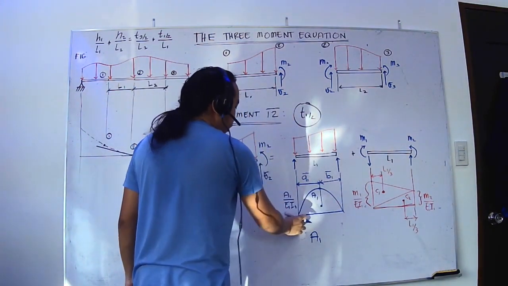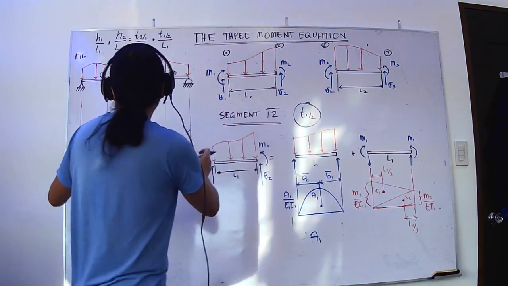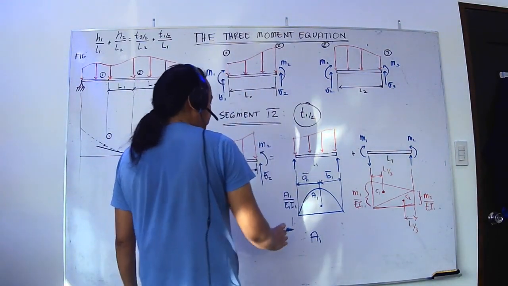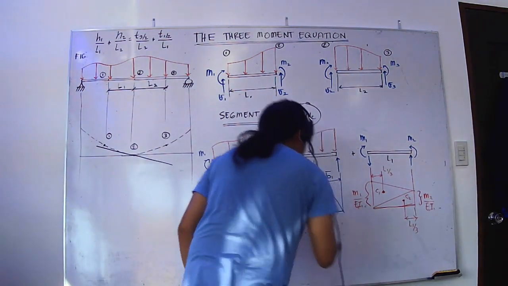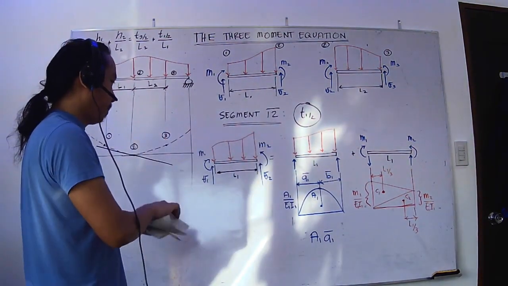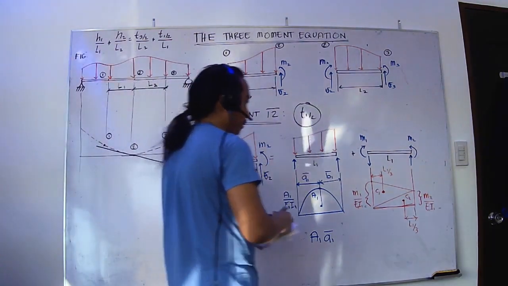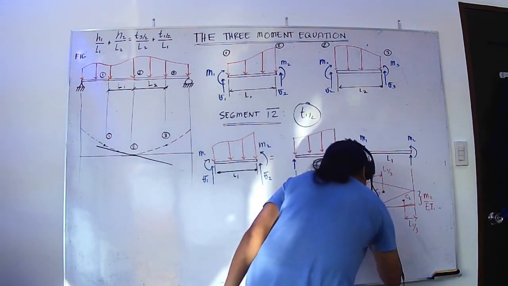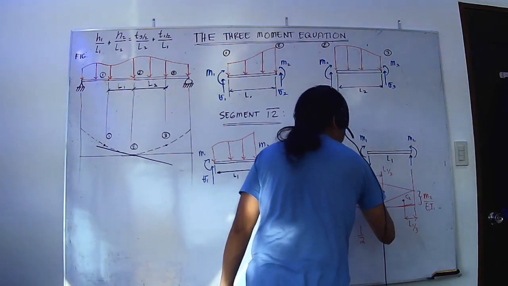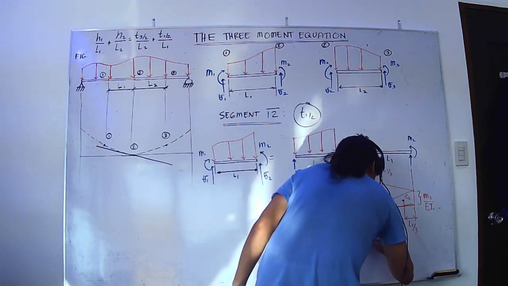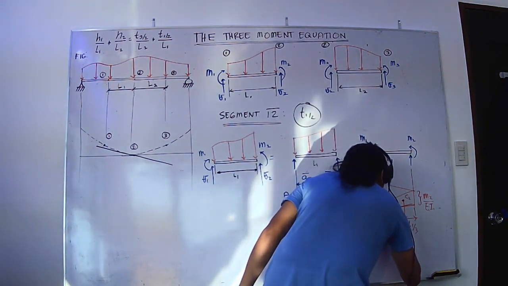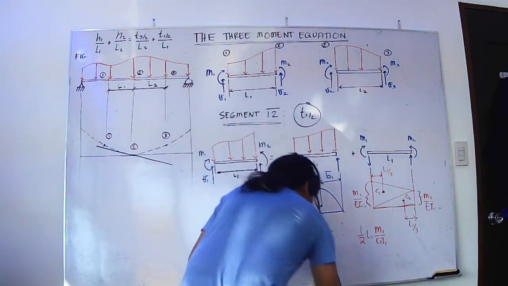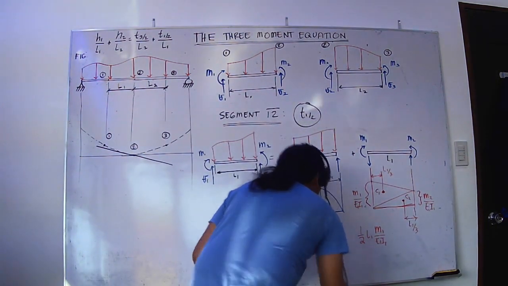Now, the centroid goes from here toward point 1, because we're dealing with point 1 here. So the tangential distance is assumed to be this. Now, this second figure is different. The area of the first figure, the triangle, is equal to 1/2 times the base L1 times the height M1 over E1 I1. Okay.